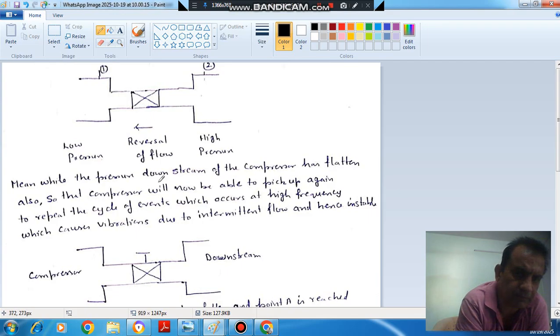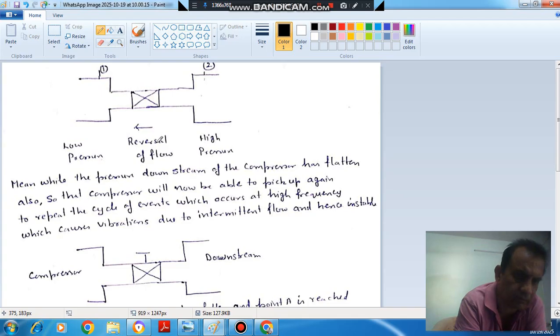Meanwhile, the pressure downstream of the compressor has also fallen. After some time the pressure here will also fall, so that the compressor will now be able to pick up again.